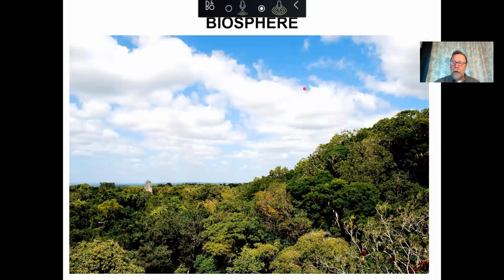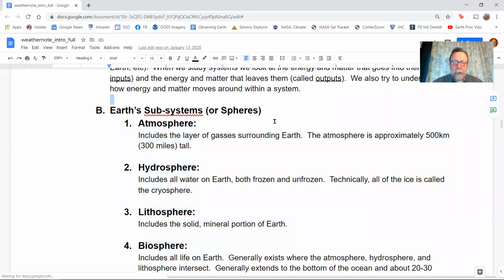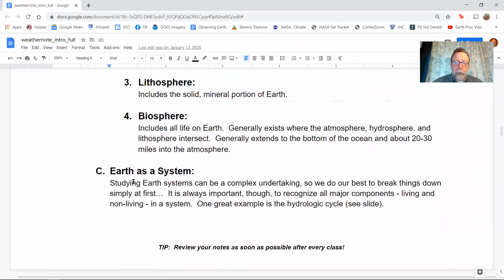And then, ultimately, really true geography, when we want to look at Earth's systems, we often do look at all of these together. It's, as I say here, a complex undertaking to try to study Earth systems or study the entire Earth atmosphere system.